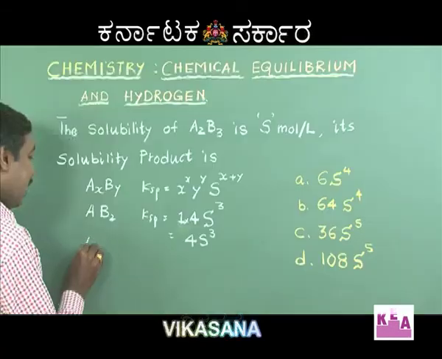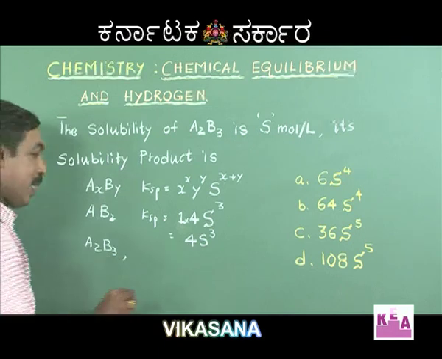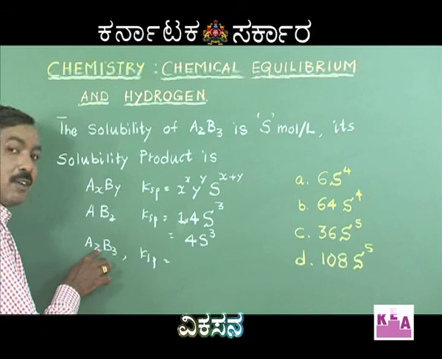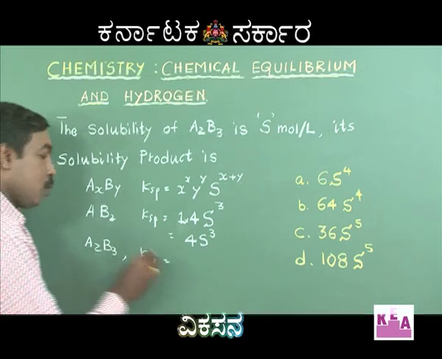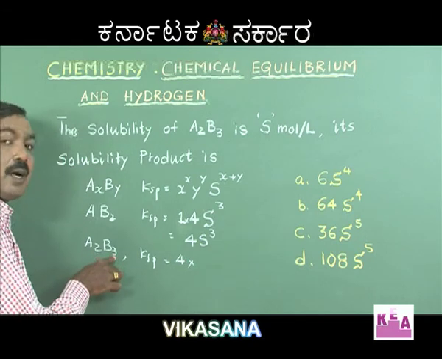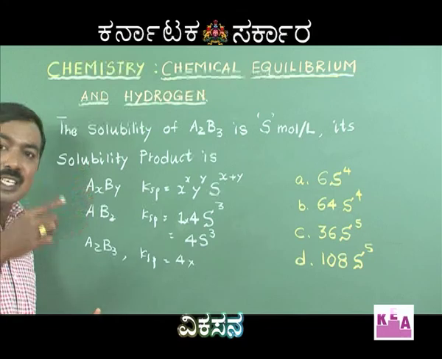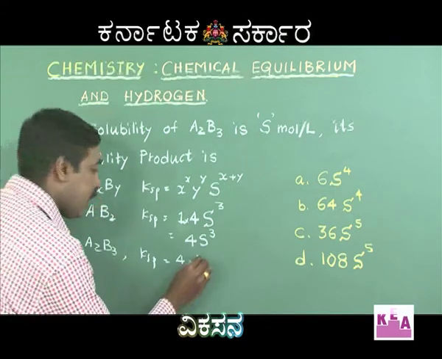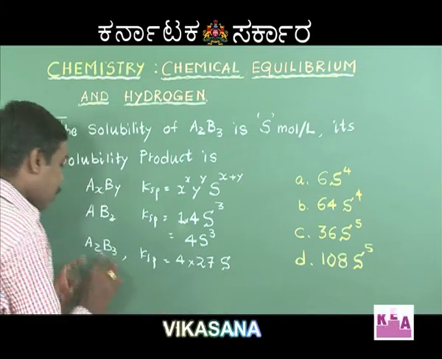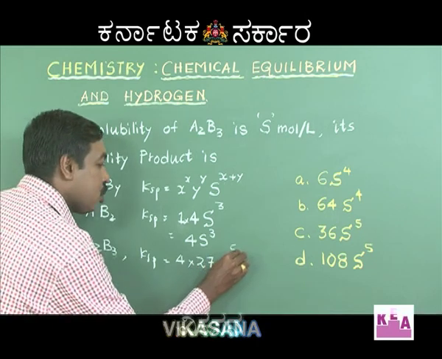It is A2B3. The concept is very simple. My KSP in this regard would be 2 to the power of 2, which is nothing but 4, into 3 to the power of 3, which is 3 into 3 into 3, 27, into s to the power of x plus y, that is 2 plus 3, which happens to be 5.